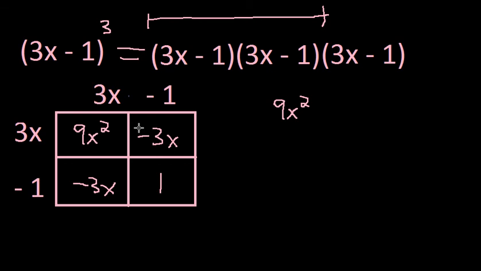So those 2 terms are like terms. They have the same power of x. I can combine them to get negative 6x. And then I have this 1 that doesn't combine with anything, so it's just plus 1.